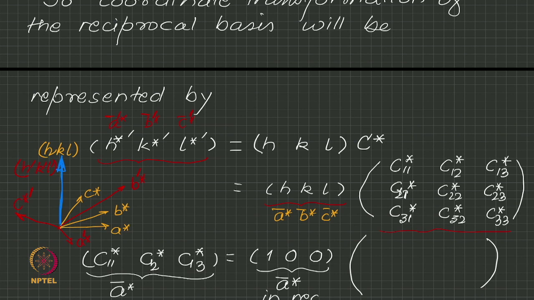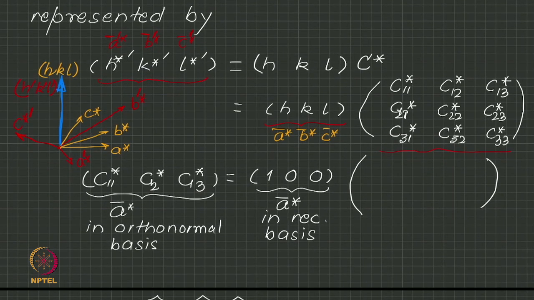So, I have written it in terms of the left vector, and if you take the HKL as 1 0 0, then what will you get? 1 0 0 multiplying with the C star matrix will pick out the first column, sorry, first row.